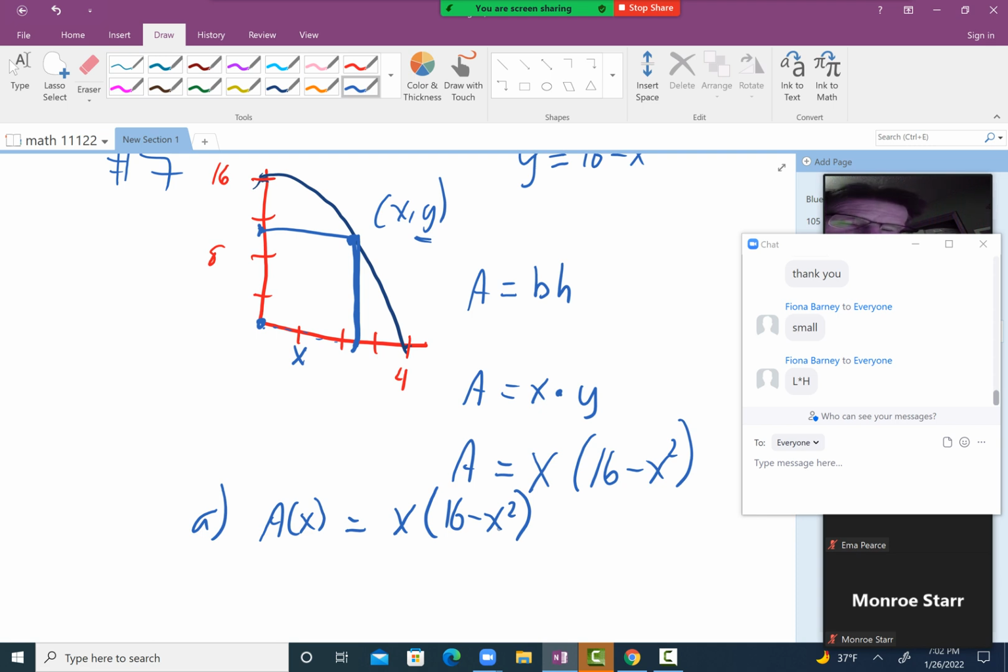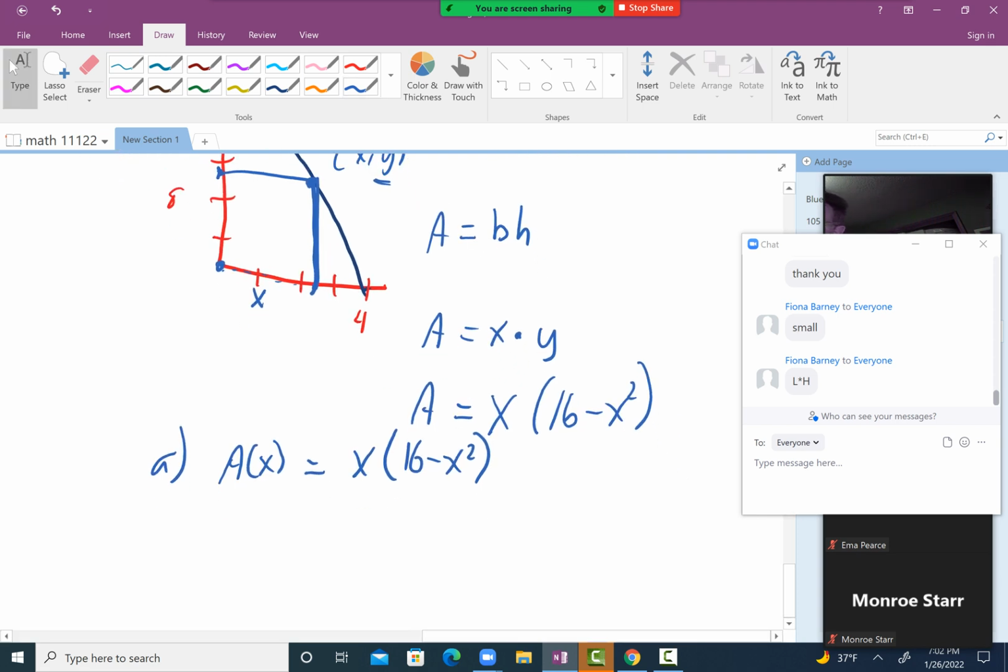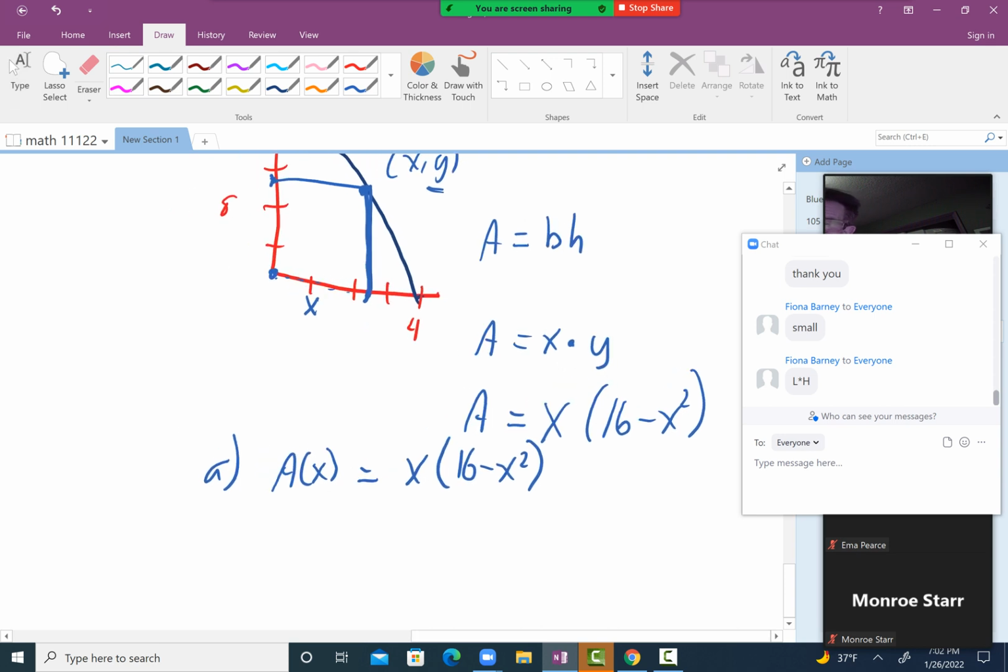Oh, okay. Well, we could graph it in Desmos, right? See what it looks like. So let's take a look at that. I'm going to go into Desmos here.